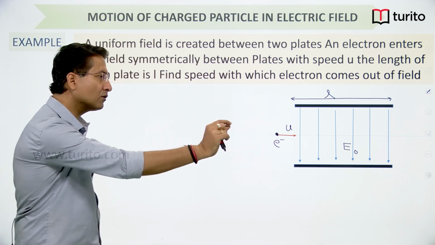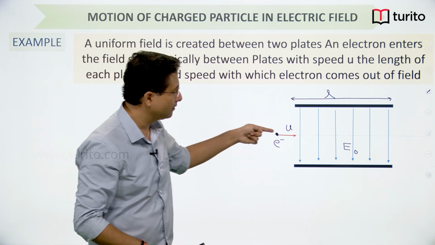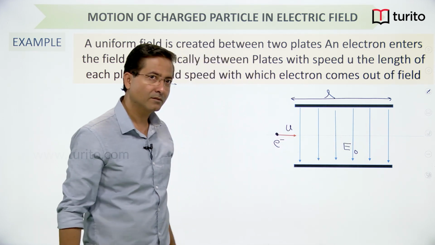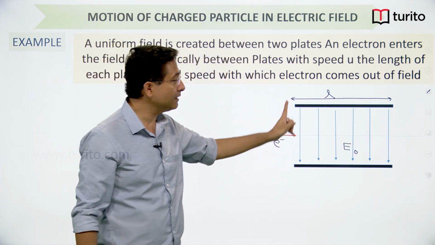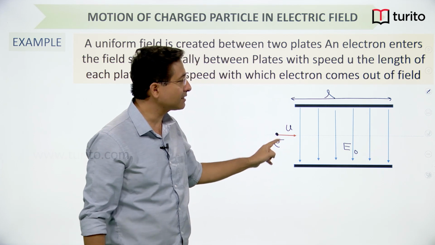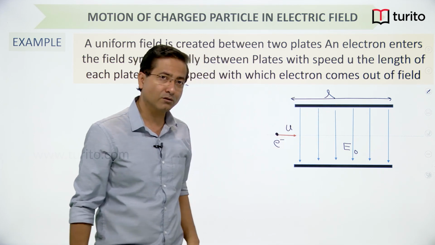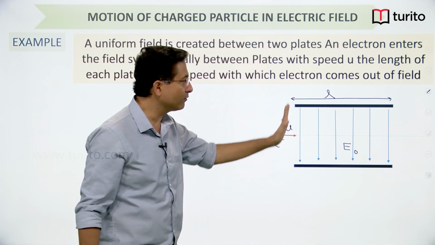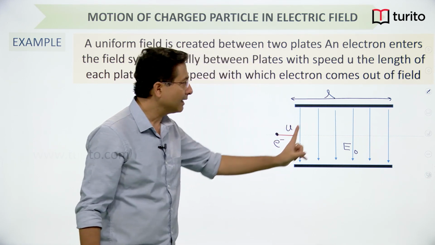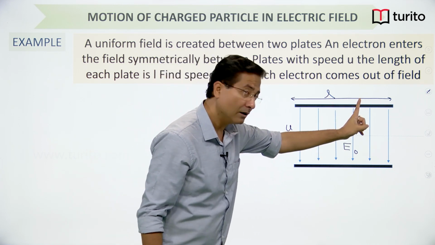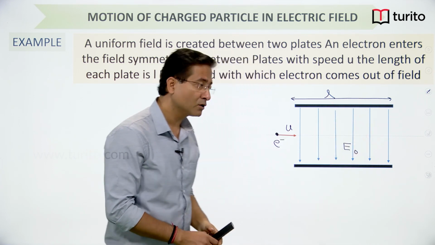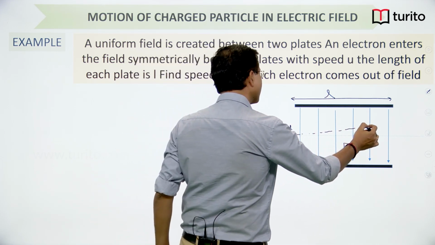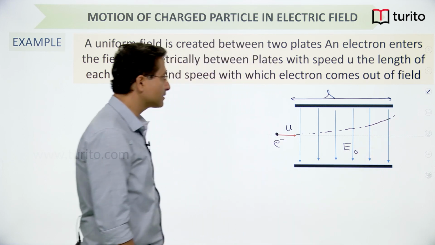As there is no horizontal force acting on the particle, the horizontal component of velocity is not going to change. There is a force in the y direction, because the charged particle is negative, opposite to the field, it will experience force. So, the horizontal component remains the same, and it starts gaining a vertical component also, it starts gaining a y component having the same x component. So, the path followed by the electron will be something like this.